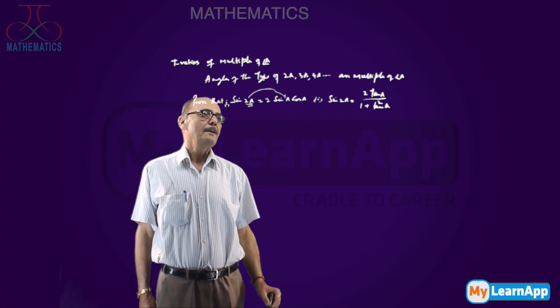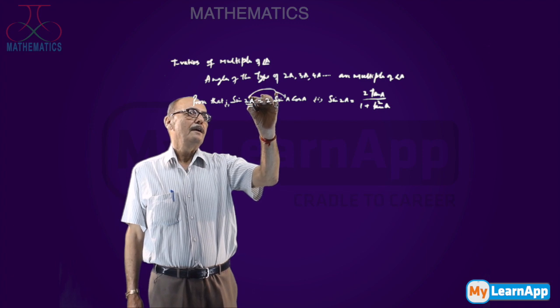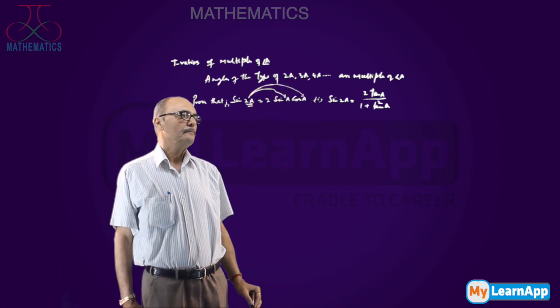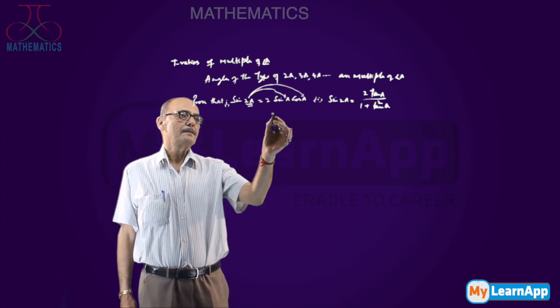Half of 2A is A, and half of 2A is A with cos. We shall make use of this later on.